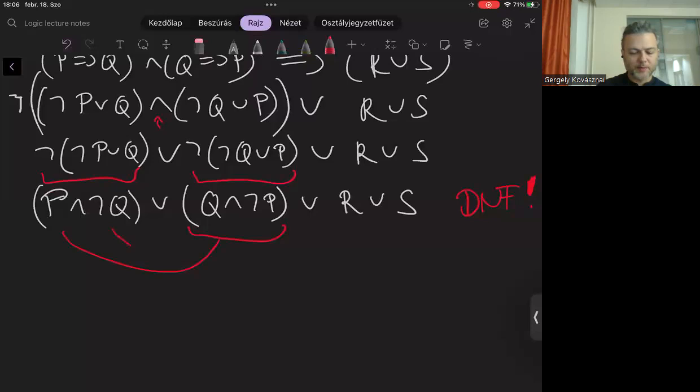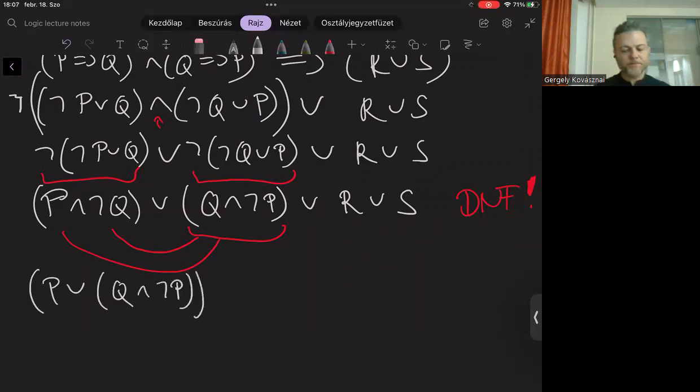The second pair will be almost the same, but with not Q instead of P. So from this part, we are going to get the following: P or Q and not P, or, and not Q or Q and not P.